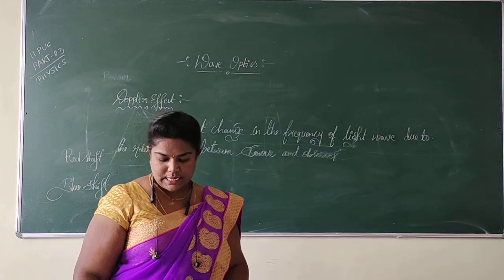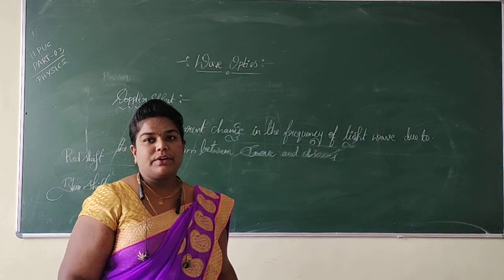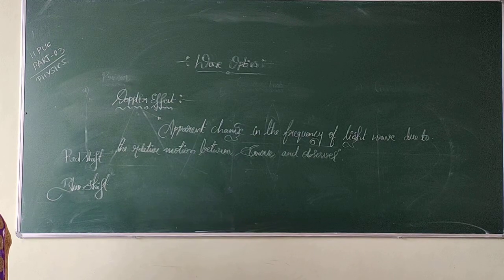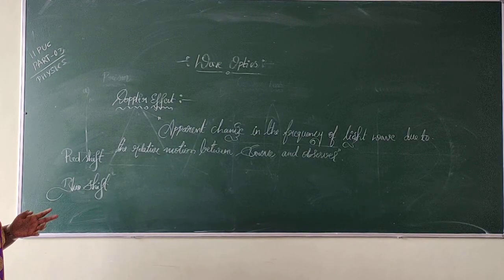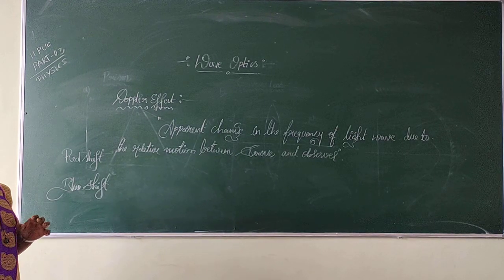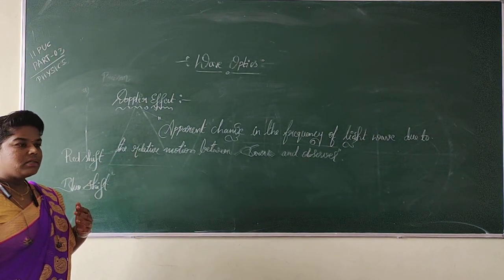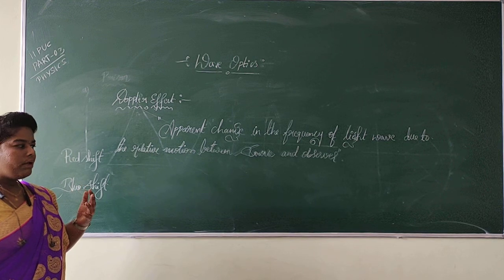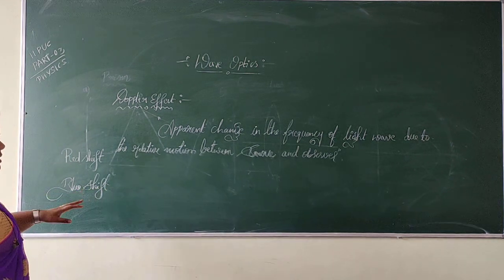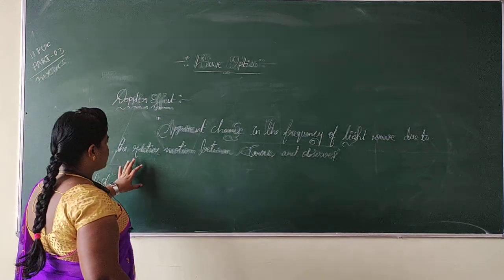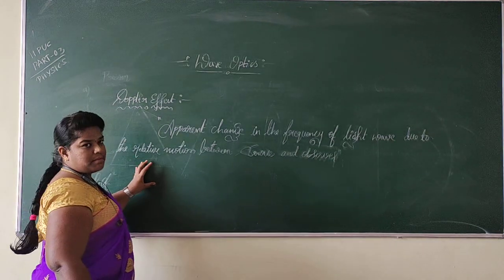So next, let us take the heading red shift. So in red shift, see, I told you that there is a relative motion between the source and the observer. Assume that another light source is there, but here there is an observer. In front of me, you can observe that this is a board, right? This is said to be the stationary observer.